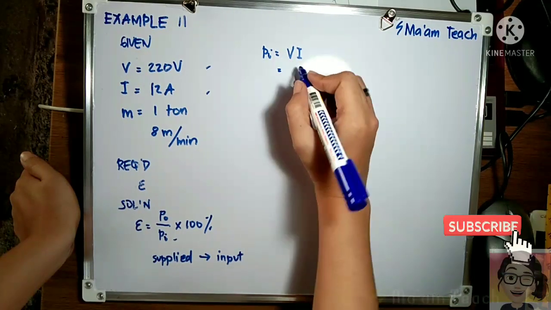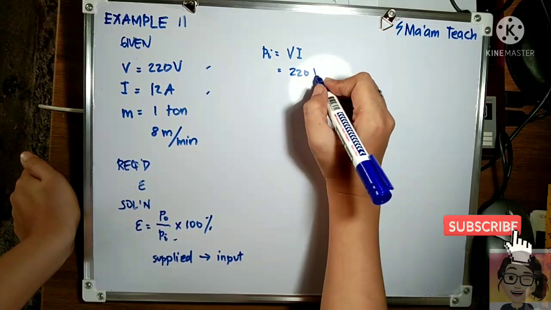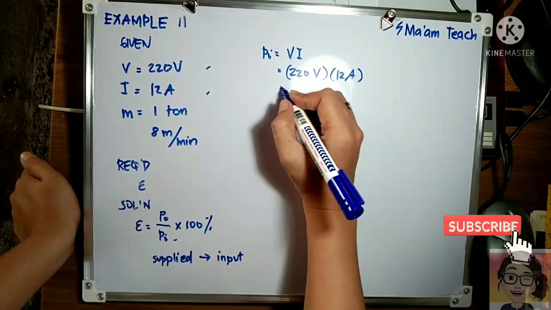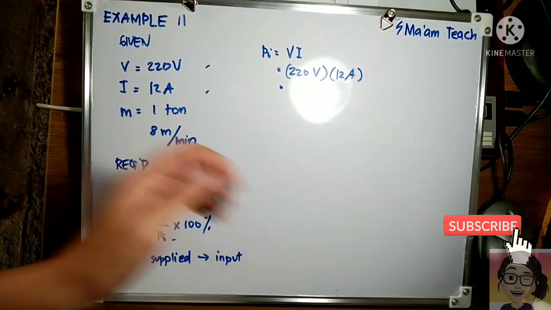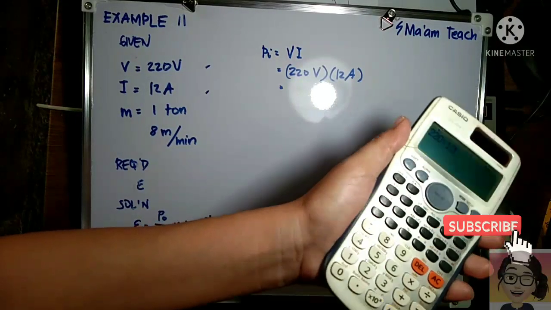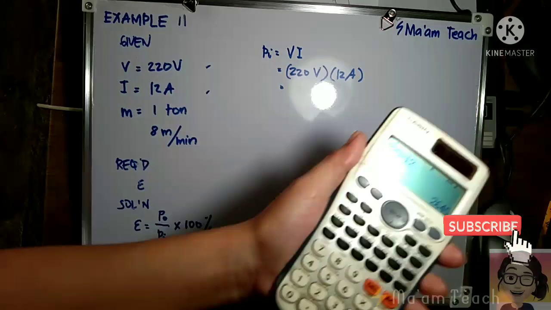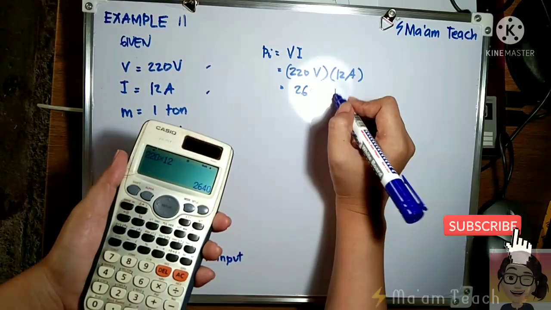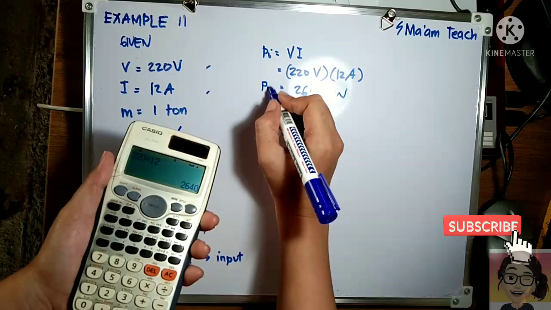So multiplying, we have 220 volts times the current, which is 12 amperes. Using your calculator, 220 times 12, there we have 2640, and the unit is in watts. Okay, that is your input.